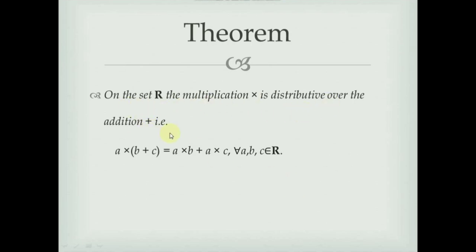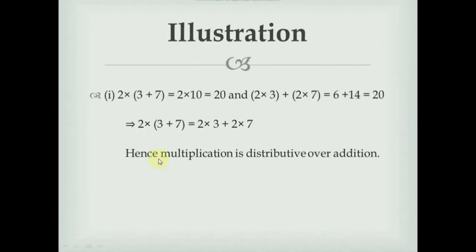On the set of real numbers, multiplication is distributive over addition, that is A into (B plus C) is equal to A into B plus A into C. This holds for all real numbers. So multiplication is distributive over addition.